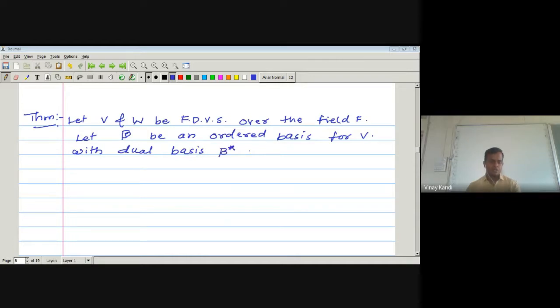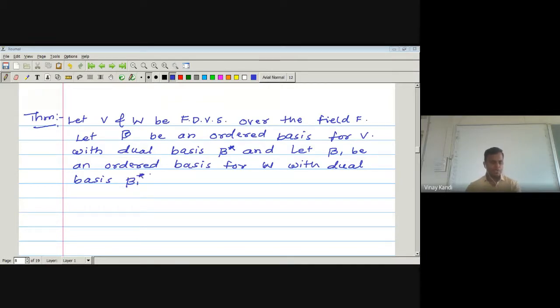And let beta 1 be an ordered basis for W with dual basis beta 1 star.